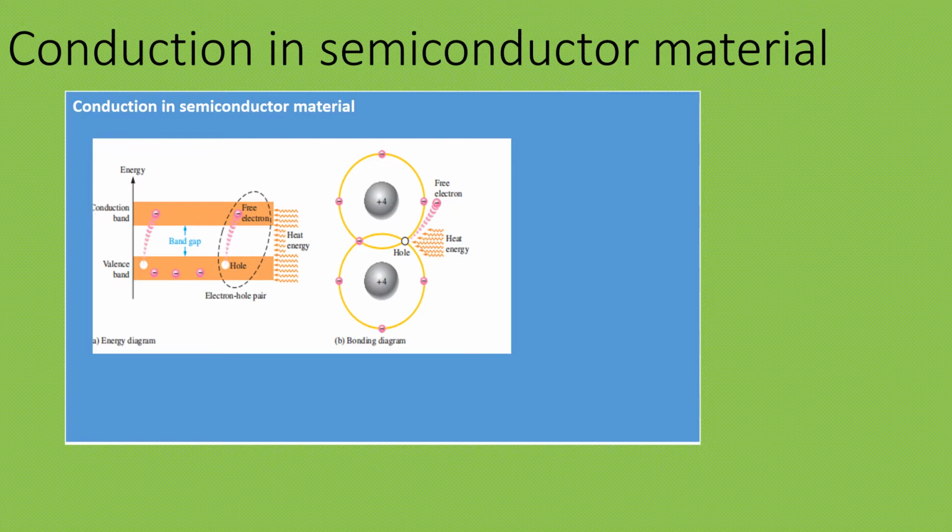Here there is release of energy. The moment an electron combines with a hole, or the hole combines with the electron, an electron-hole pair is released, and in this way there will be some flow of current.